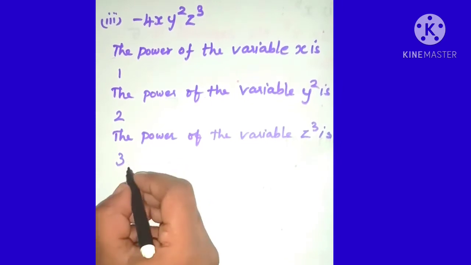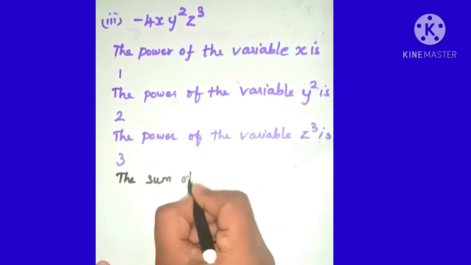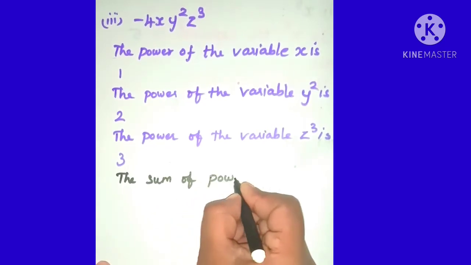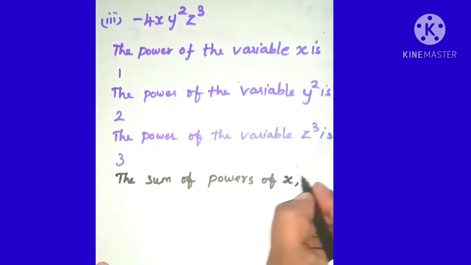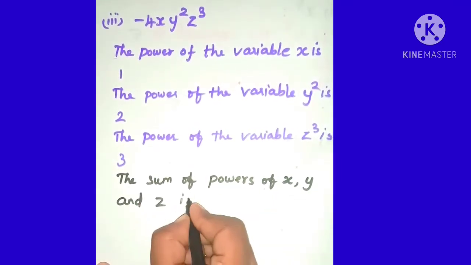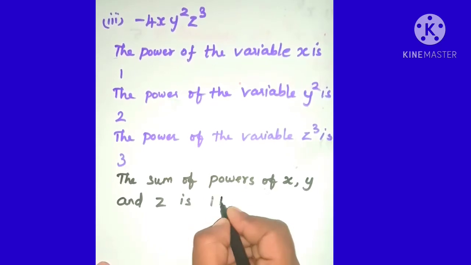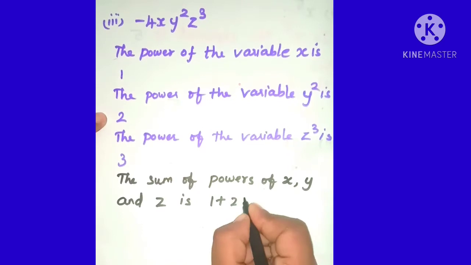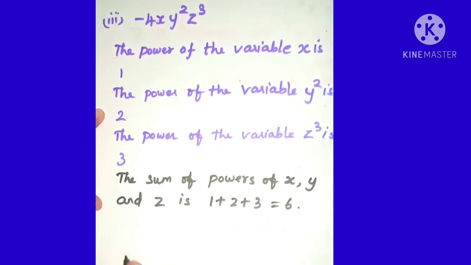So, the sum of powers of x, y and z is 1 plus 2 plus 3, which is 6.